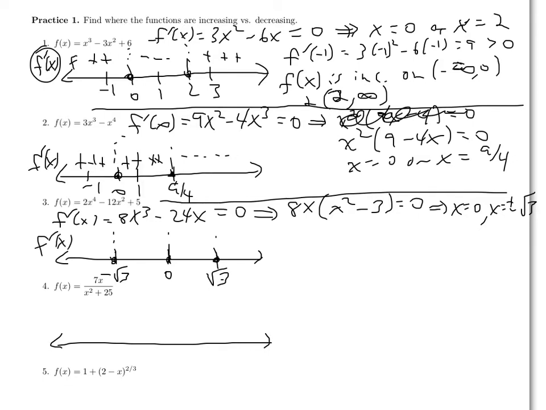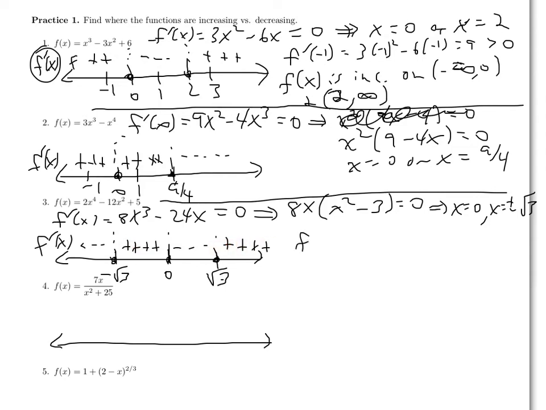And so if I plot my sign chart, I'll find that I'll have negative values out here, so for example, negative 2 would be a value of x out in this area to check. I'll have positive values here. I'll have negative values here, and I'll have positive values here. So my original function is increasing only between these two numbers and out here to infinity.